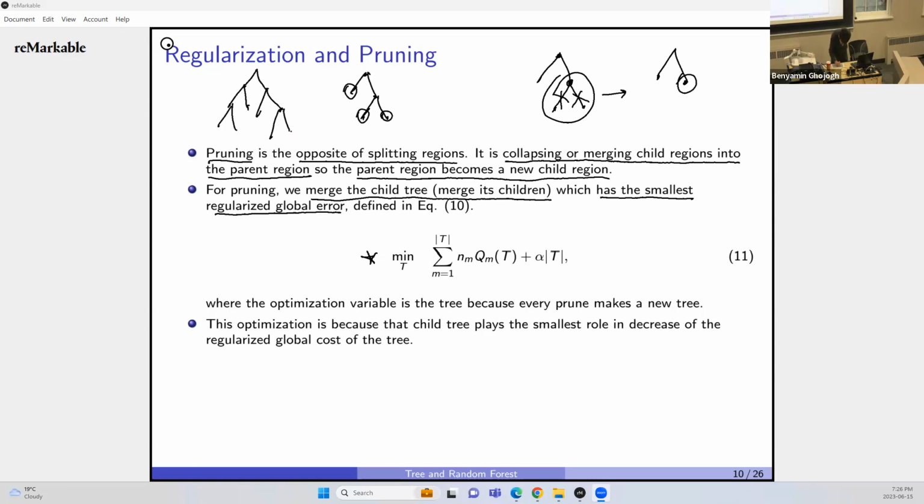How many options do I have for pruning? In this iteration, either this or this, right? After one prune, again, I can prune further. So in this iteration, I have these 2. Which one do I prune? Which one do I get rid of? The one which has the minimum regularized global error. Yes, exactly. But what's the justification for this? Why do I prune the children which minimizes it?